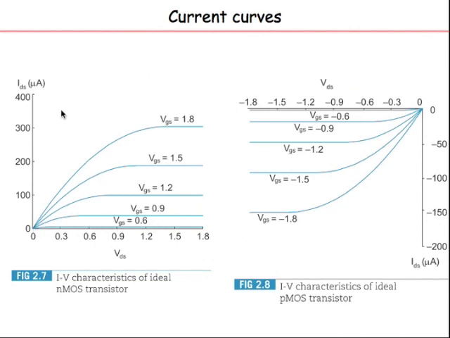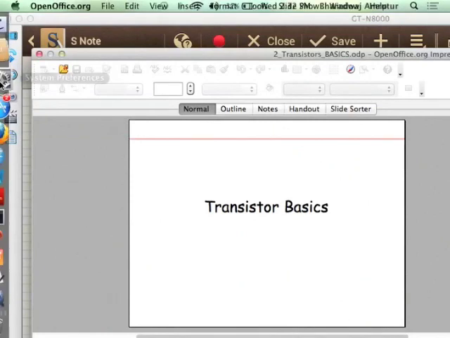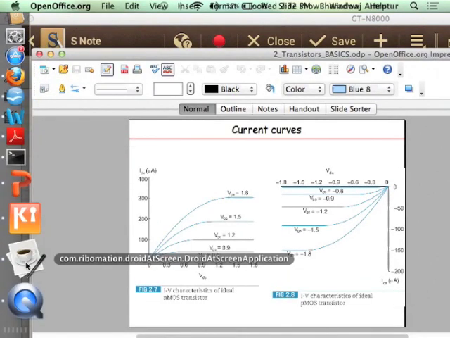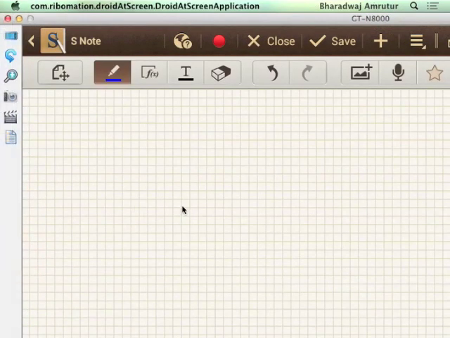Of course, I can plot the drain source current as a function of gate source voltage also. How will that curve look? I just described it verbally. So basically, IDS as a function of VGS.